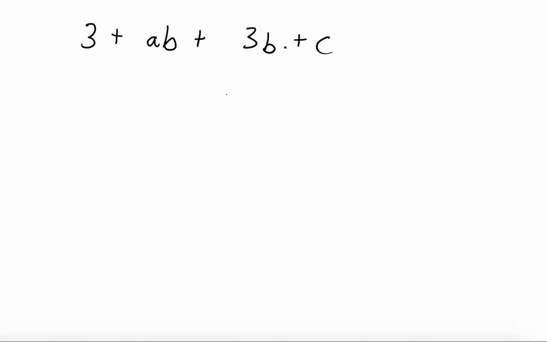And this expression contains all of the relevant things that exist within algebraic expressions. Those that we need to know are the following. The first one is what's called a term. A term is a product, so there is a multiplication involved, of a constant and any number of variables.